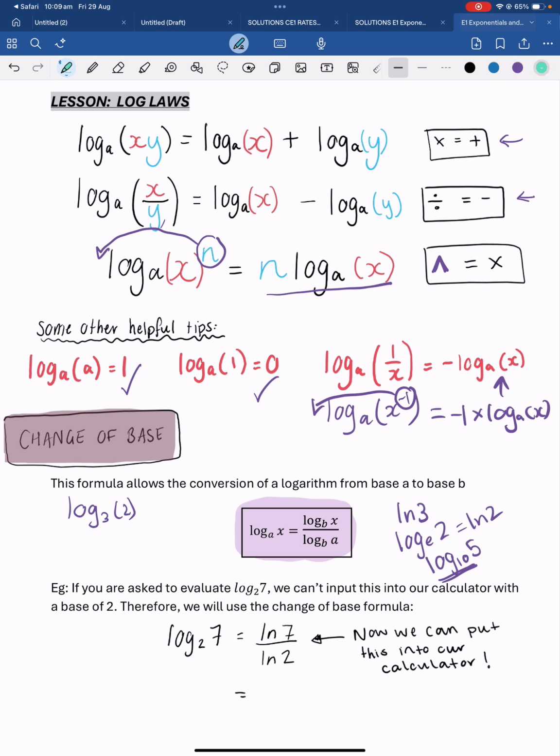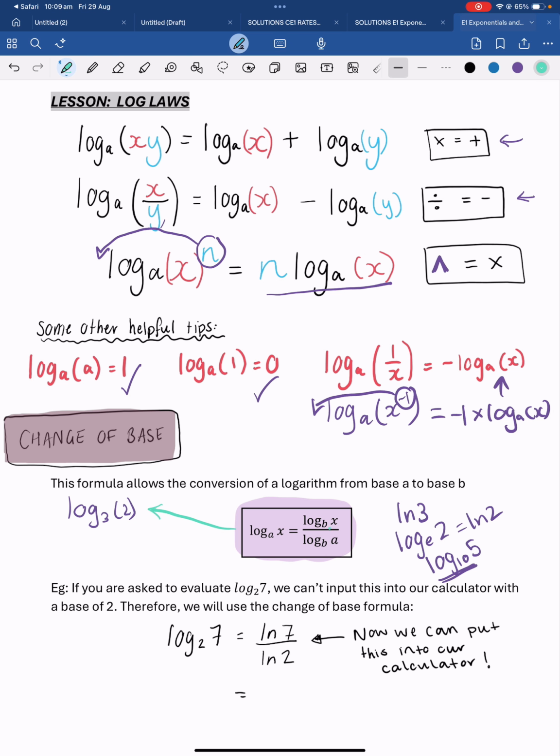Well, it just says if it's in the form given here, we can rewrite it in this change of base. I think it's easier if I just apply it to this question.